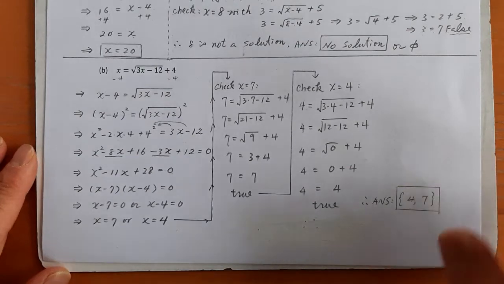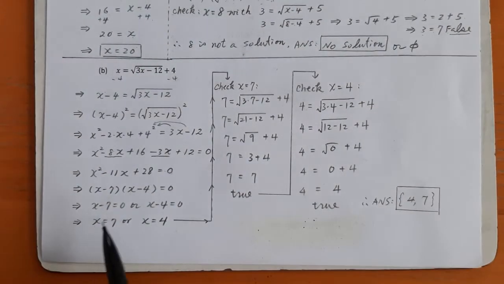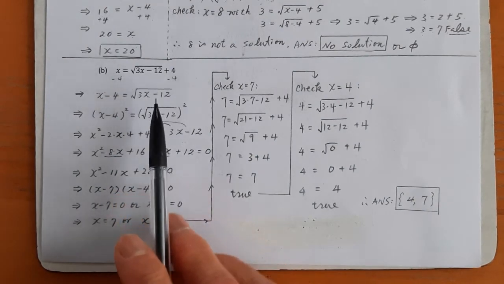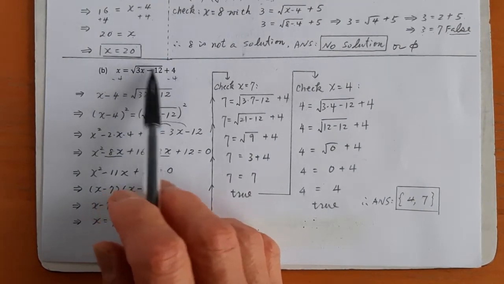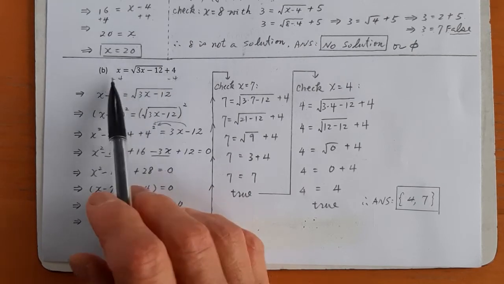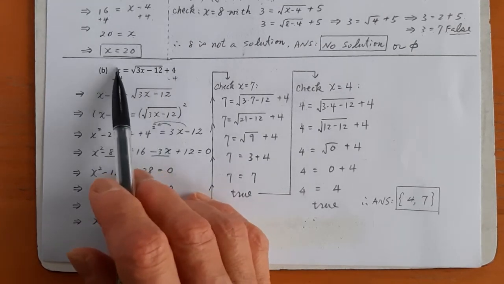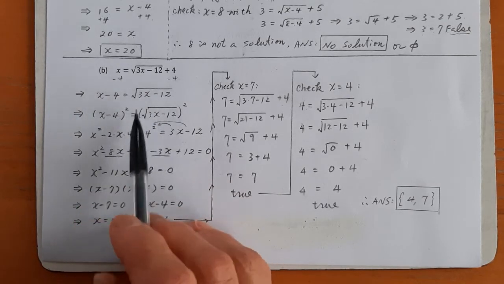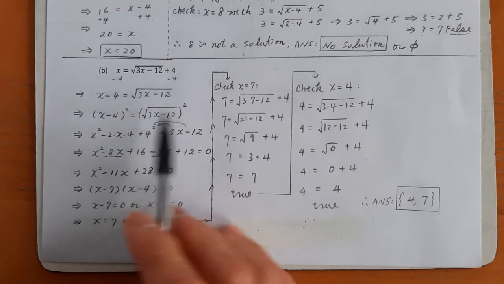Next question. It's B. So also you are going to isolate this term, radical term, on one side, on the right side, and minus 4 both sides. Make this 4 go the other side. Then you square it, both sides, square it. Then this radical removed, square root removed.